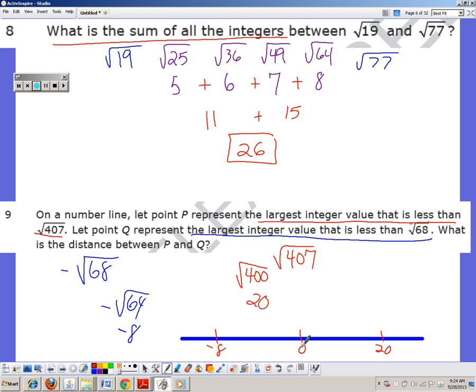Well, the distance between negative 8 and 0 is 8. The distance between 0 and 20 is 20. So all we're going to do is 20 plus 8 equals 28. So the distance between P and Q is 28.